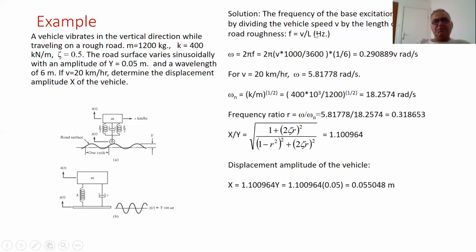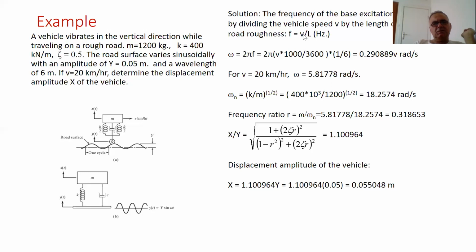First of all, we have to find the frequency of the forcing. In order to do that, we need to find the frequency of the road. But we are not given the frequency, but rather the wavelength of the road, which is 6 meters. We can find the frequency in terms of velocity divided by length. So in terms of hertz, the frequency of the road, that is the number of cycles the road makes in unit time, is given by velocity over the wavelength.